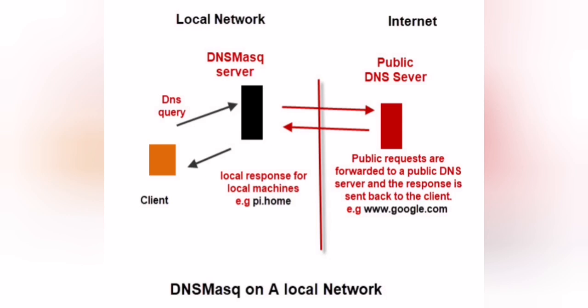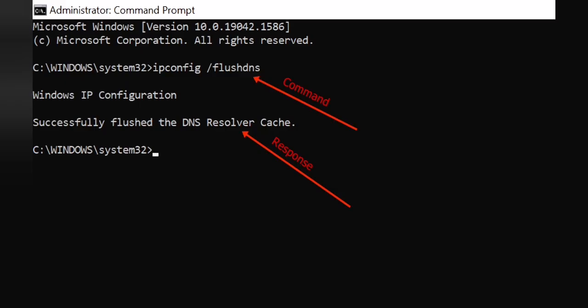Now, if you are sure that the IP address of the domain that you are requesting has changed, and you don't want to wait for 24 hours for your computer to start asking your DNS again, you may open your CMD as administrator, and then type ipconfig /flushdns, as you may see in the image.